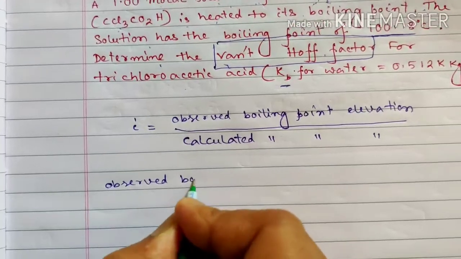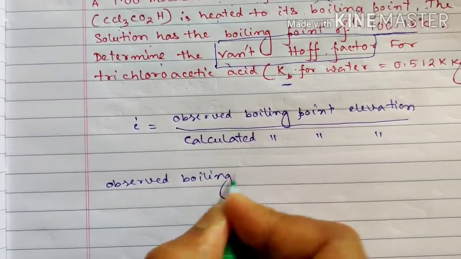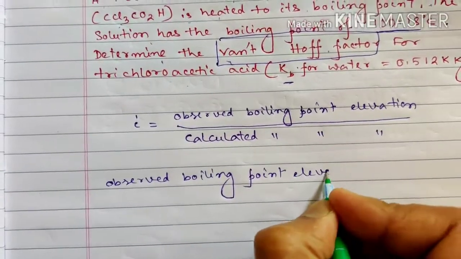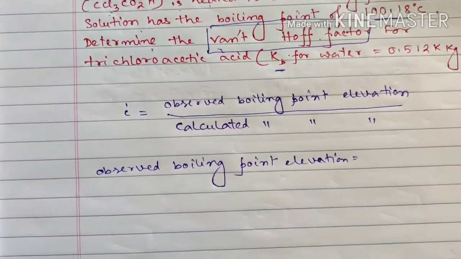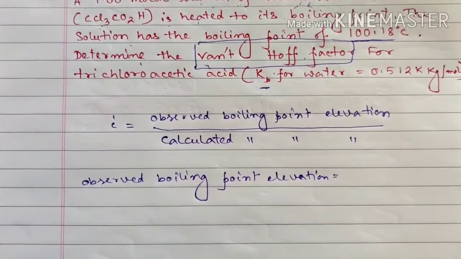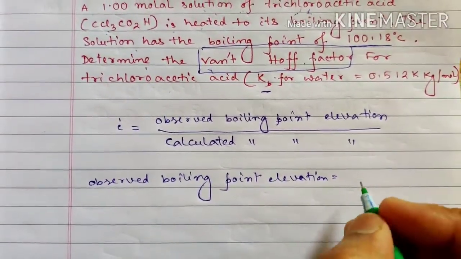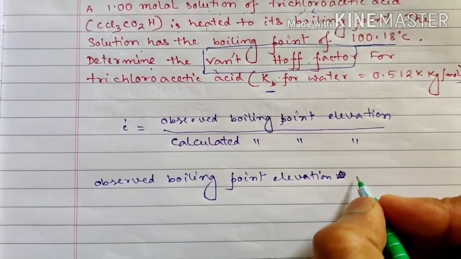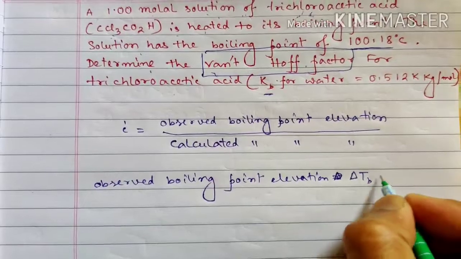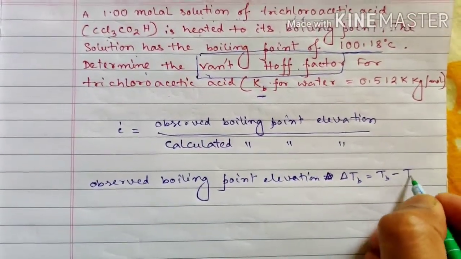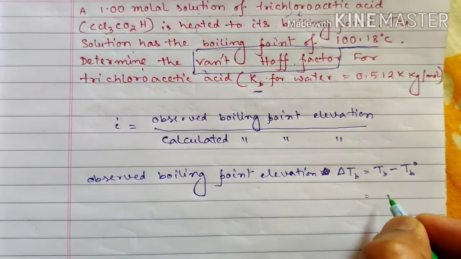Observed boiling point elevation. Initially, what we have taken is water as the pure solvent. So if you want to calculate the observed boiling point elevation, delta TB, it is TB minus TB0.